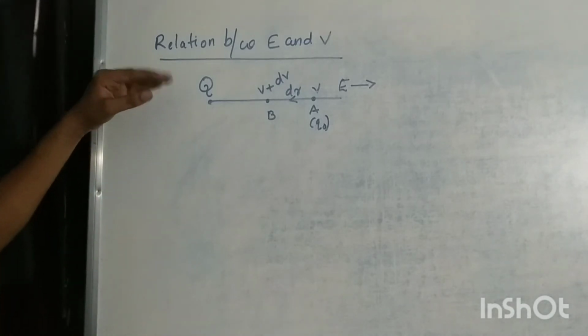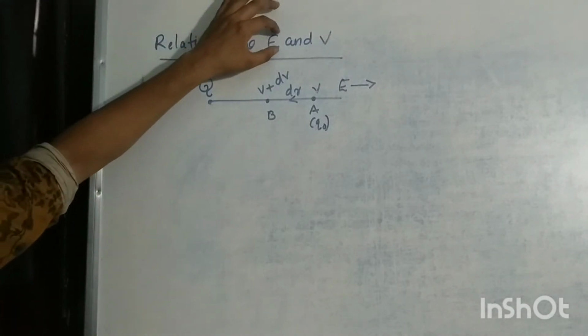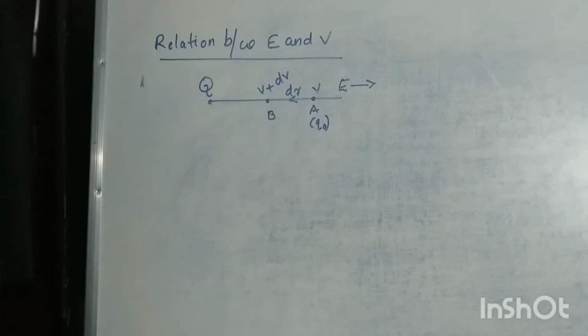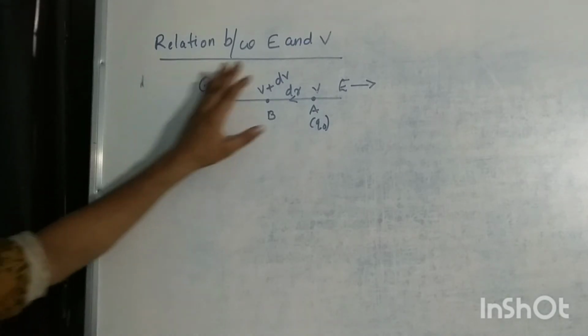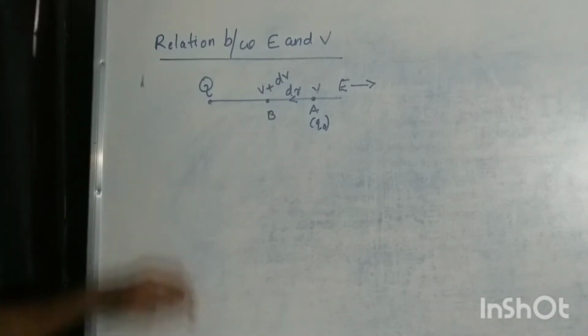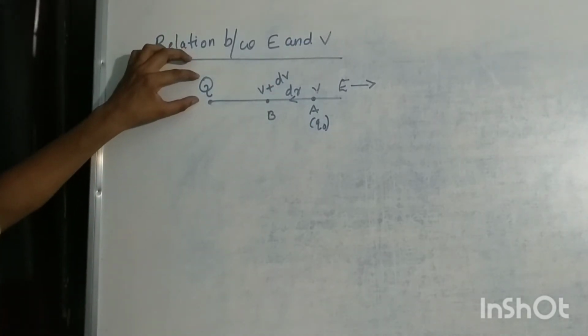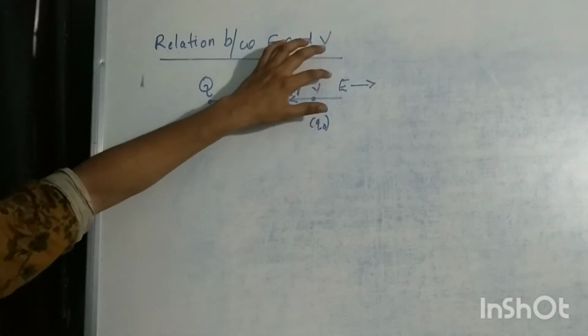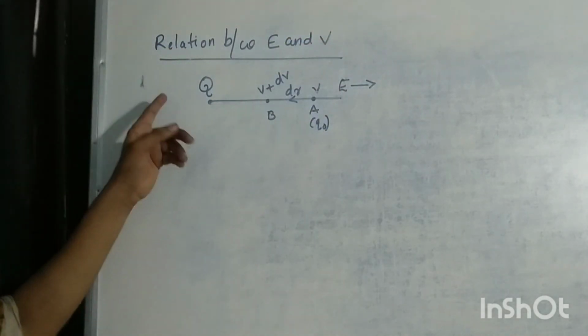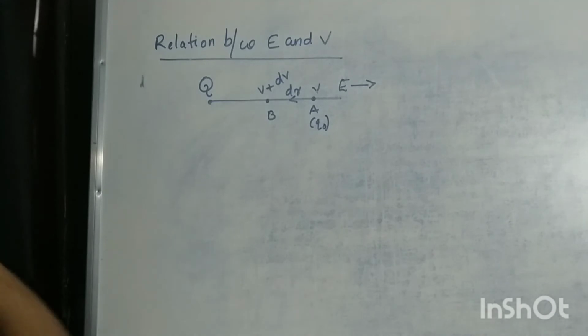Now the next topic is the relation between electric field and potential. For understanding this relation, we are considering this figure. In this figure, this is a source charge which produces an electric field which is radially outward. I am taking the positive charge, therefore the electric field lines are radially outward.